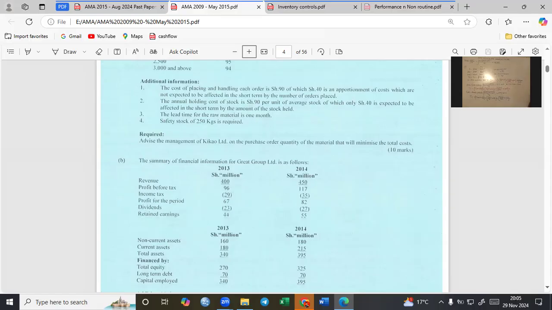Then number three, the lead time for the raw materials is 1 month. Safety stock of 50 kgs is required. Then required, advise the management of Kikao Limited on the purchase order quantity of the materials that will minimize the total cost, 10 marks. So we shall use the same concept tumefanya hapo nyuma.